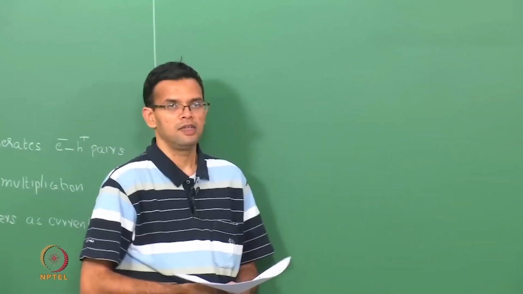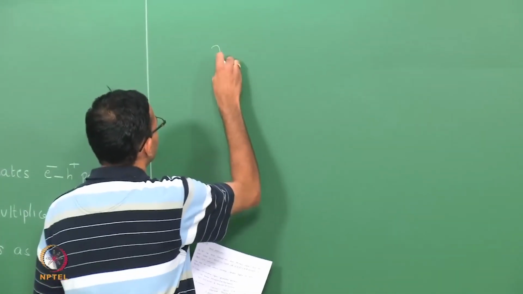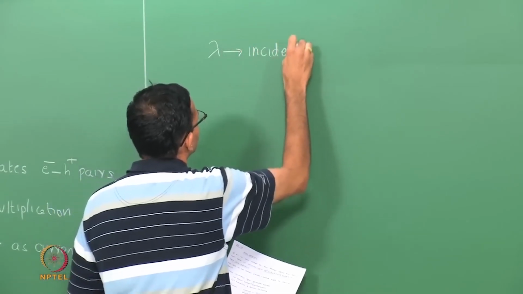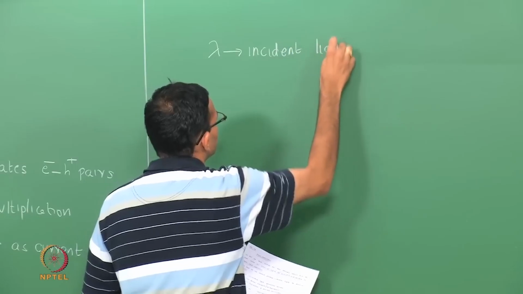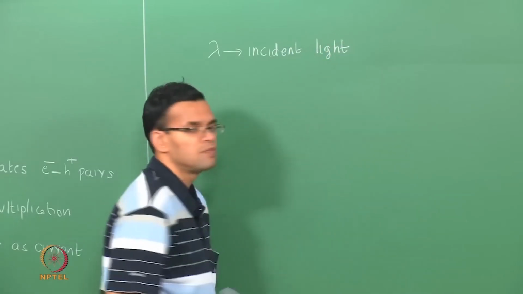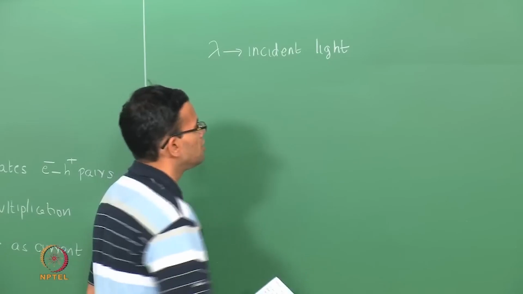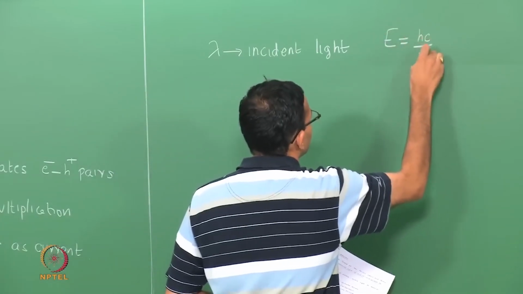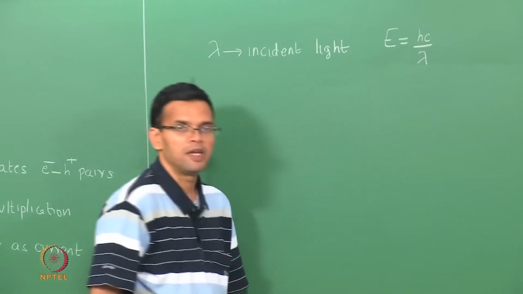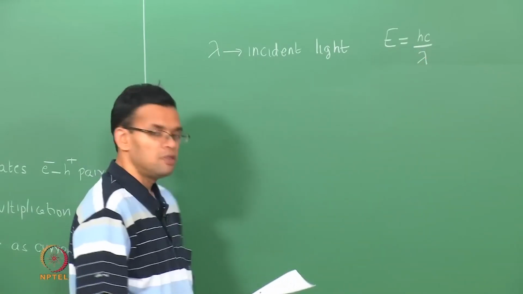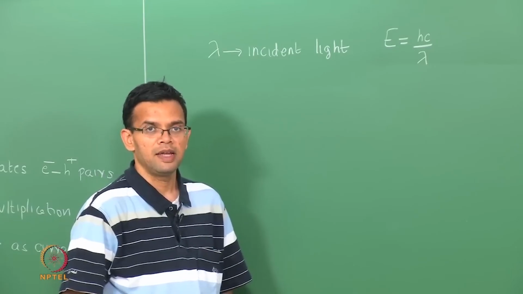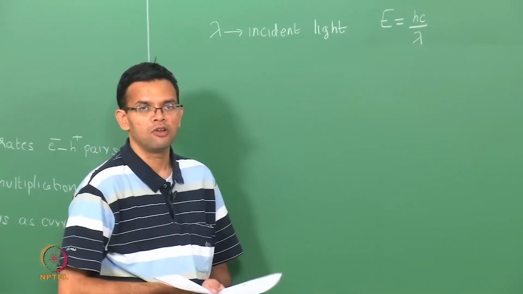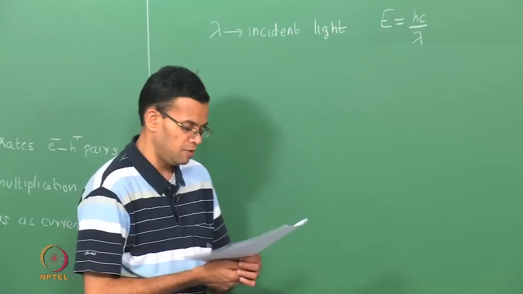So, consider incident light on your material of wavelength lambda. The energy of this radiation, of course, we have seen before, is nothing but hc over lambda. So, this light can be detected if this lambda corresponds to some sort of transition within your material.